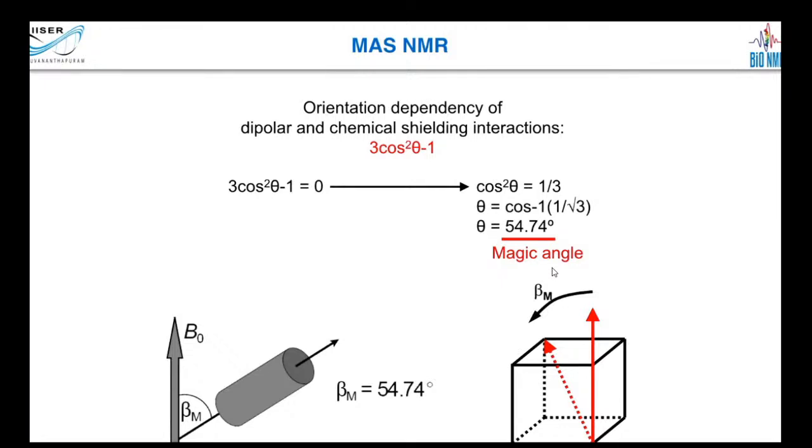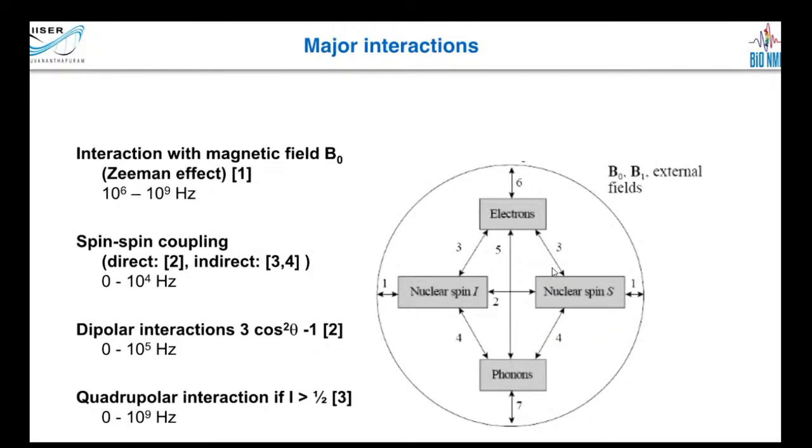We are basically mimicking the tumbling of your molecule. Like in solution NMR, you have a lot of tumbling, which averages out to 0. That is what we are doing by spinning it at 54.74 degree. I hope it's clear.